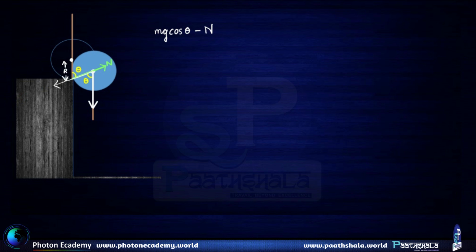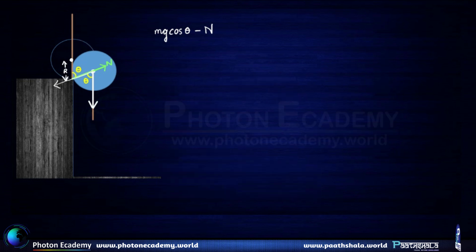Now if we just think about what is happening with this object as it is falling down. So initially the object was kept at this location, and with an instantaneously zero velocity it started toppling, meaning it just began its toppling motion. So the center of mass of the object, if you see, is following this arc.